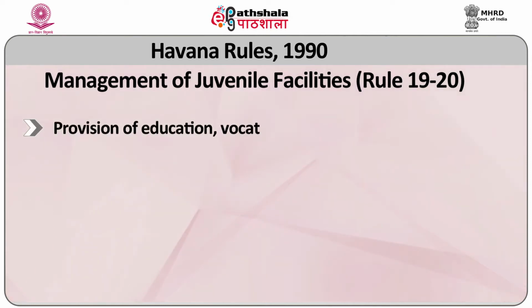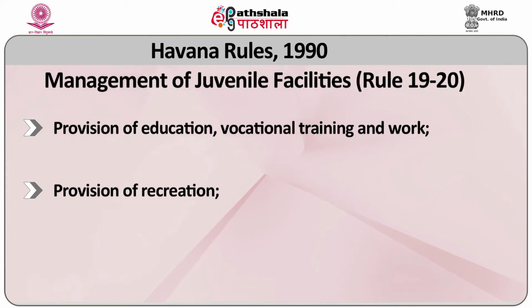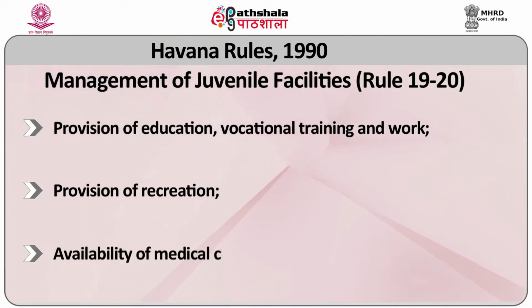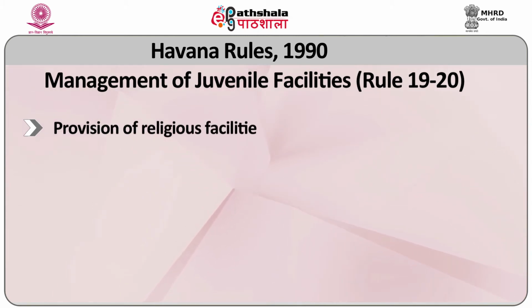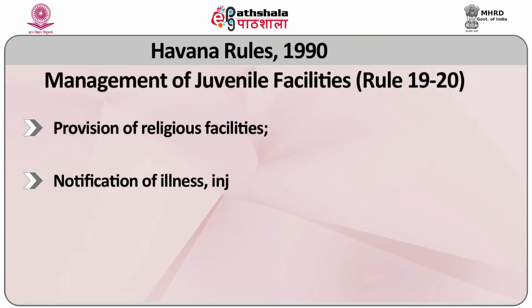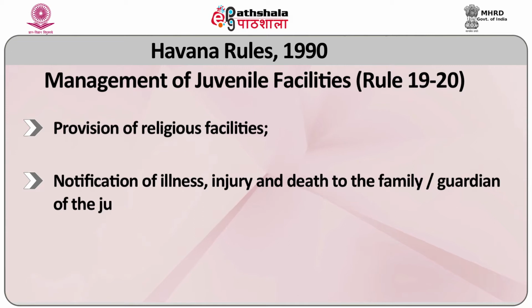7. Provision of education, vocational training and work, 8. Provision of recreation, 9. Availability of medical care, 10. Provision of religious facilities, 11. Notification of illness, injury and death to the family or guardian of the juvenile, 12.